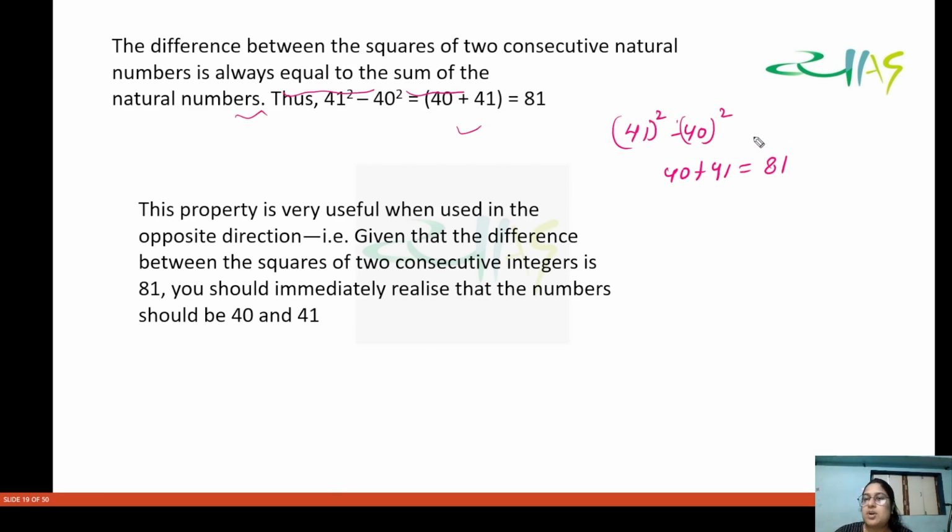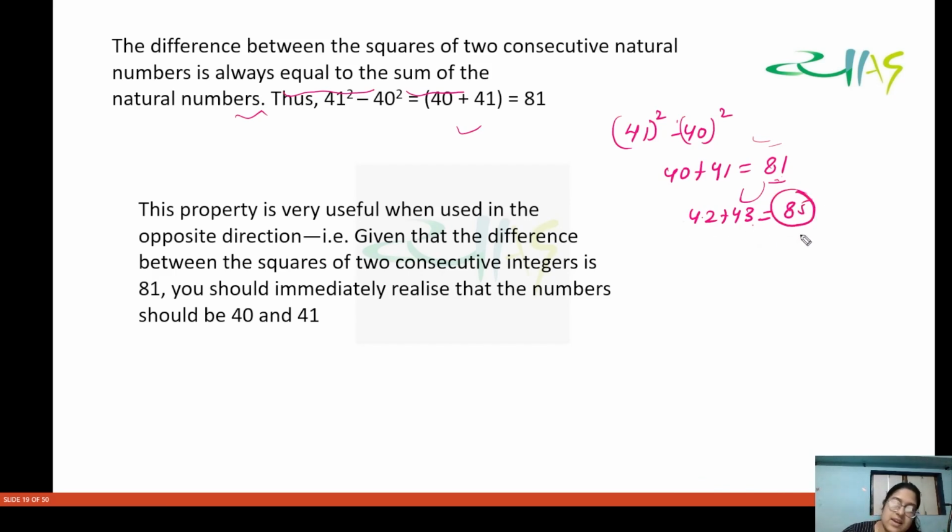But this property is useful how? You can very easily see that if we use this property in reverse, we will be able to find the numbers whose square difference it is. So let's say 42 plus 43 is equal to what? 85.